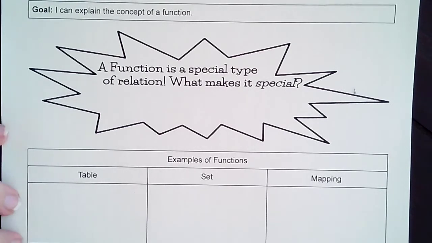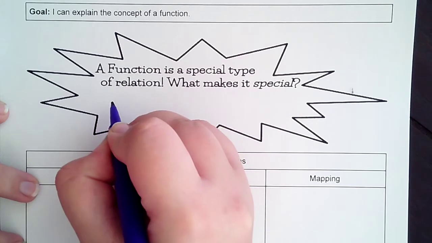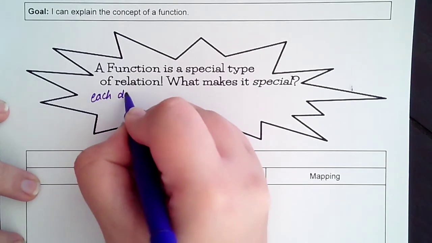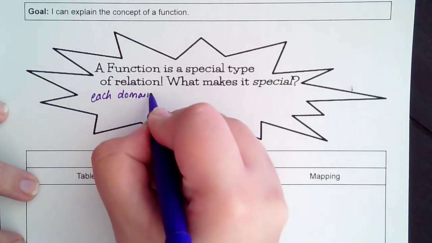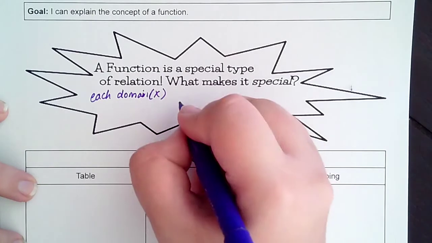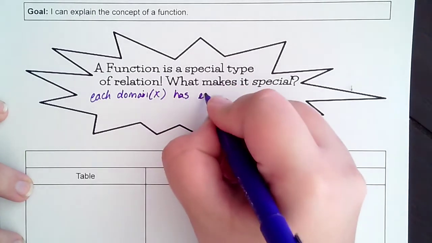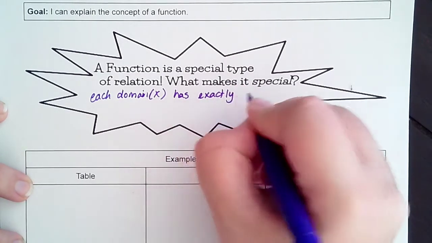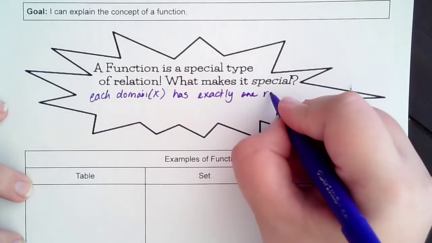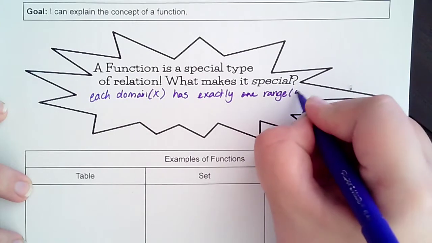And the thing that makes it special is that it is a relation in which each domain, aka each x value, has exactly one range value, so y.